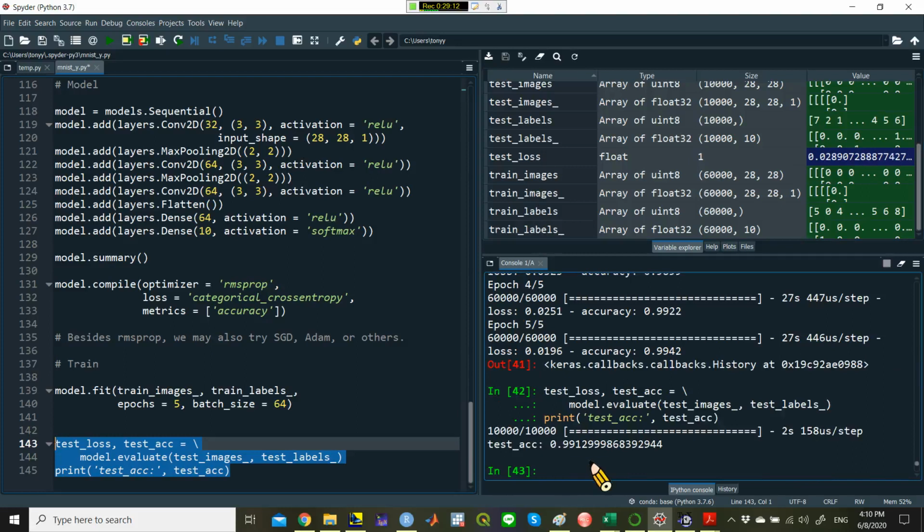And the test accuracy is 99.129, which means that the test error rate will be around 0.87%. Yeah, pretty good. So this is about the CNN.